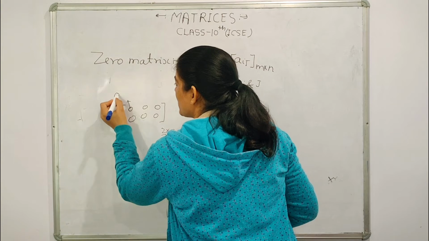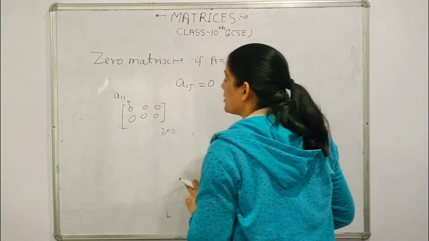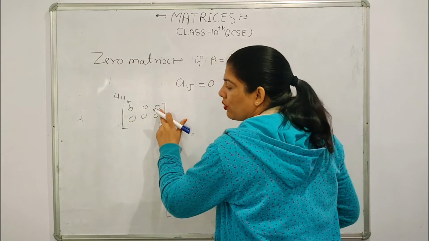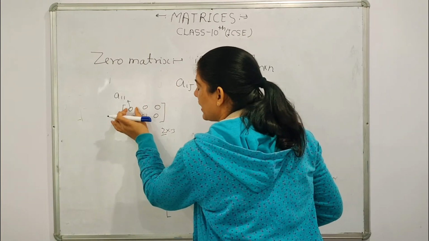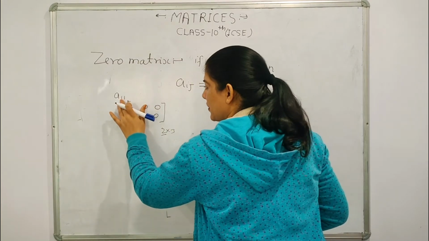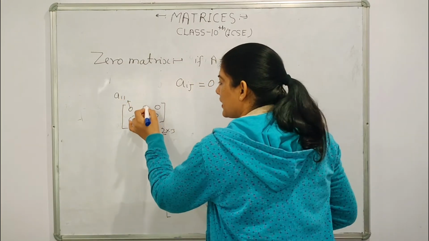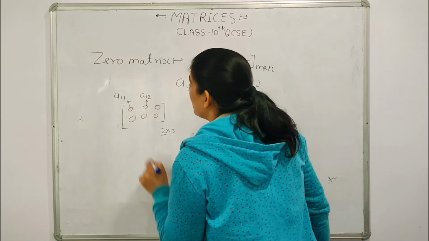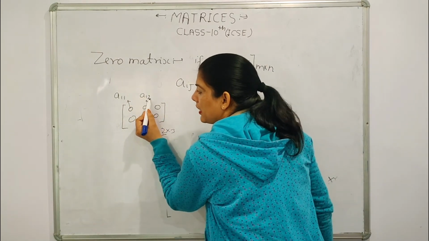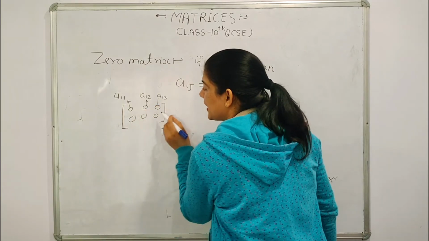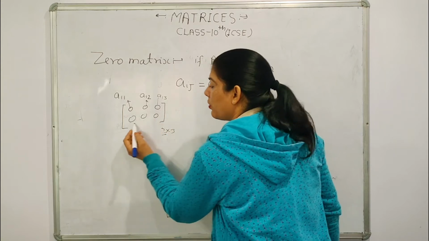So this is A11 because this is the first element of the first row, or you can say it lies in the first column and first row. That's why it is called A11. And this element is A12 as it is the second element of the first row, and this is A13, the third element of the first row.